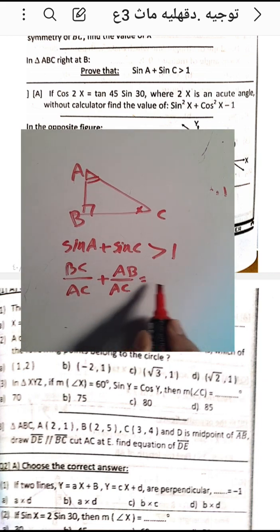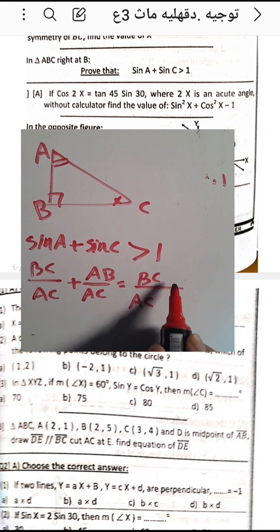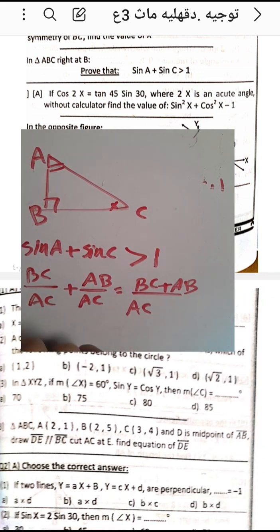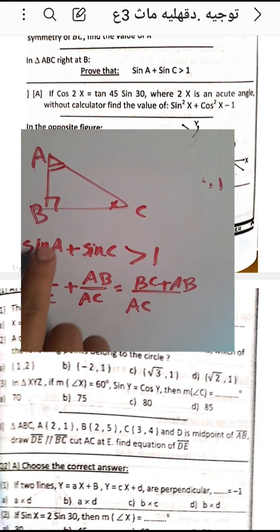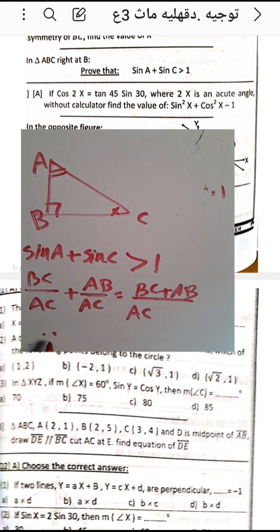Okay, we can write AC in the denominator because we have like denominators, so we can add numerator by numerator here. Then you can write BC plus AB, and we know AB plus BC, from the inequality, is greater than the third side.